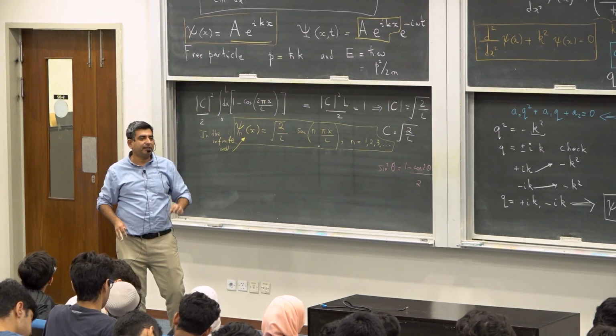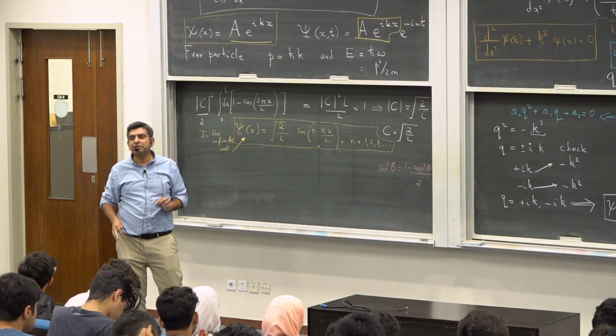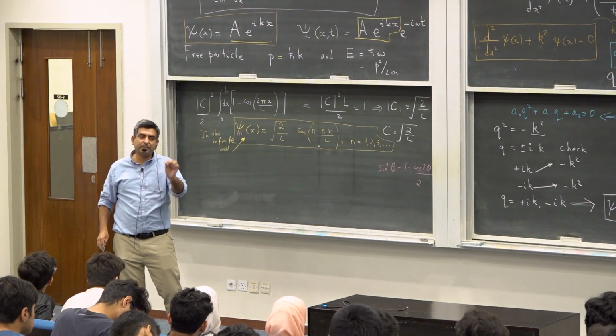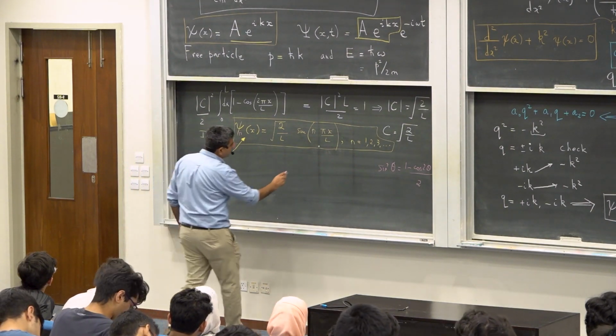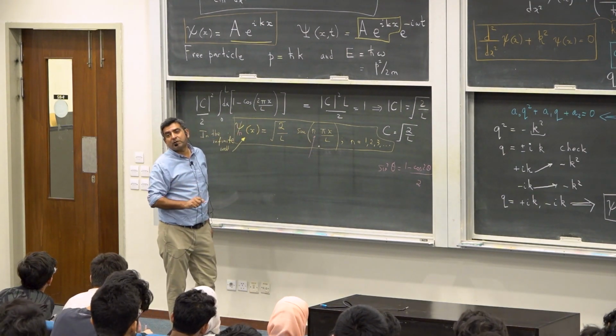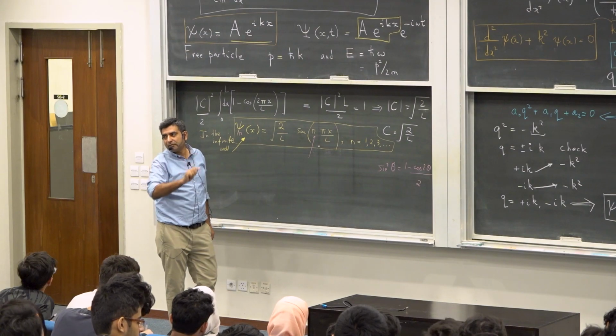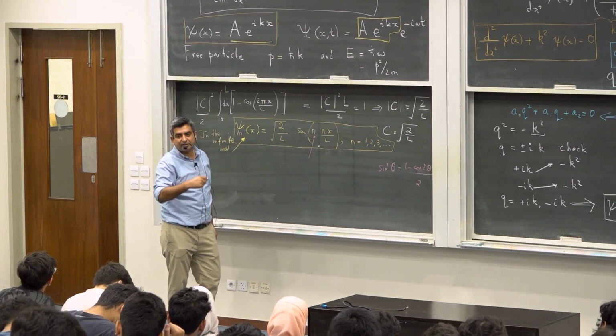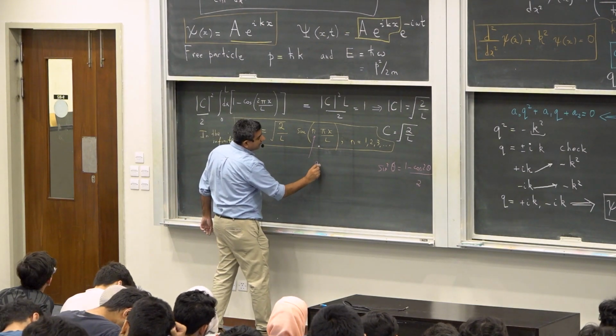This n is an example of a quantum number. It's called a quantum number. You must have come across quantum numbers in your Chem 101 course, n, l, m_l, all of these come out due to similar kinds of arguments, similar reasoning.